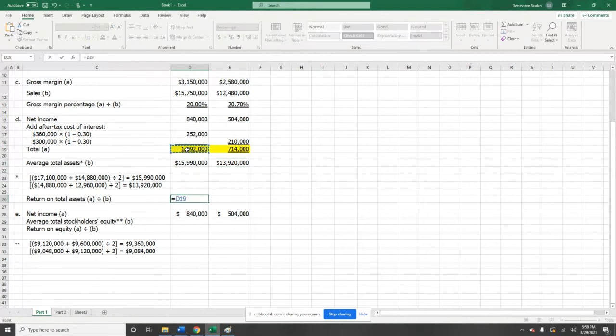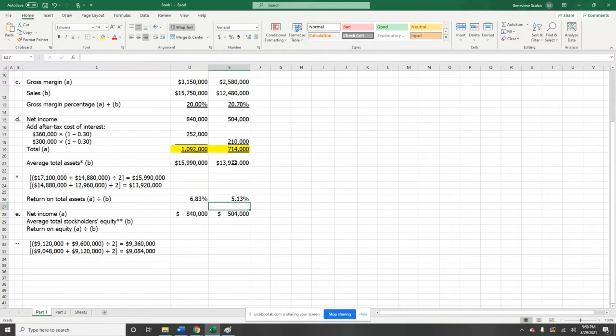So equal to this divided by this. Our return on total assets is 6.8 in the current year. And for last year, that net income plus interest divided by average total assets is 5.1.